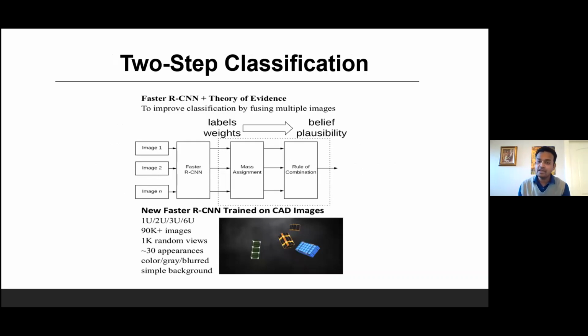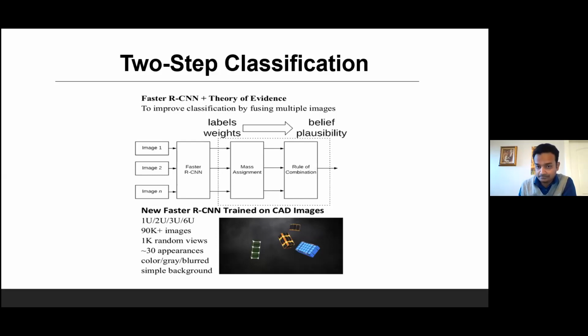Earlier, with my professor's help, I collected a database to get the output. In this case, I built my own database using CAD modeling, so I could increase my classes from 1U and 3U CubeSats to another two classes, adding 6U and another 3U CubeSat.